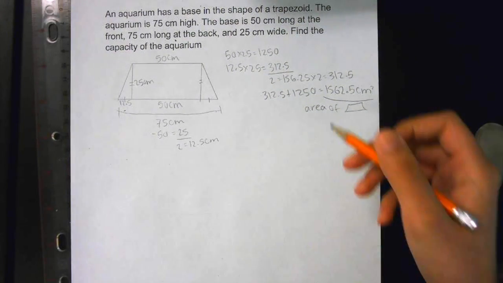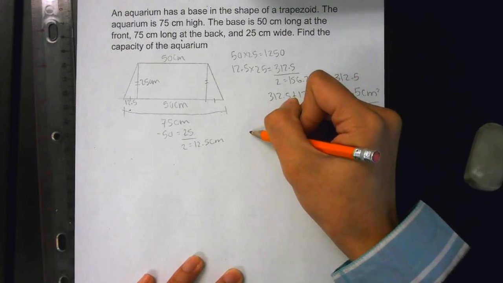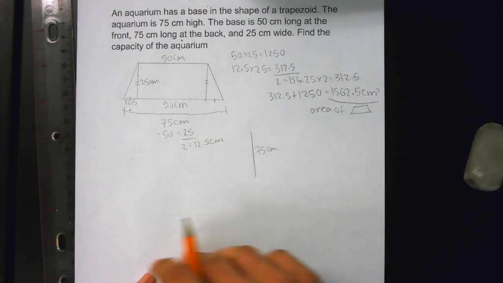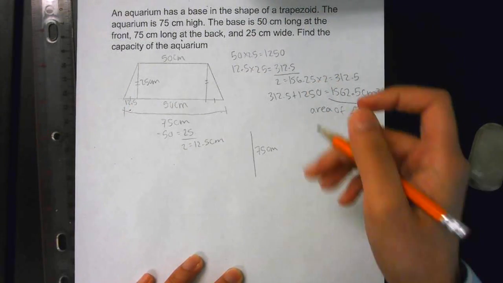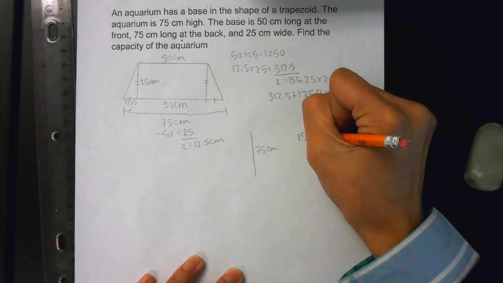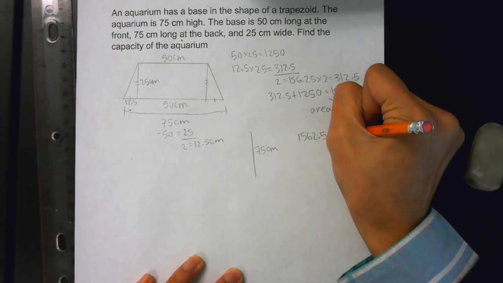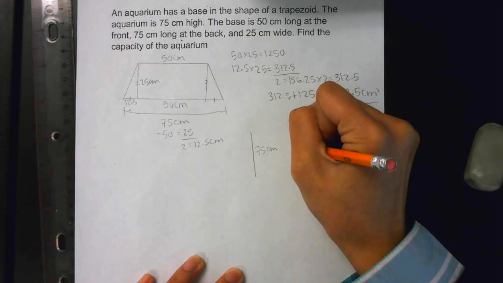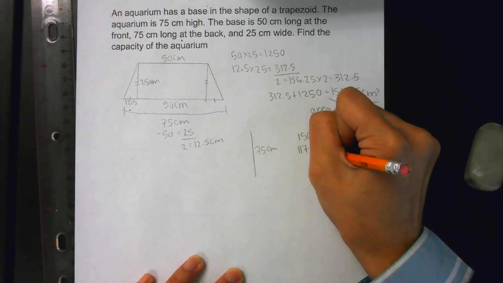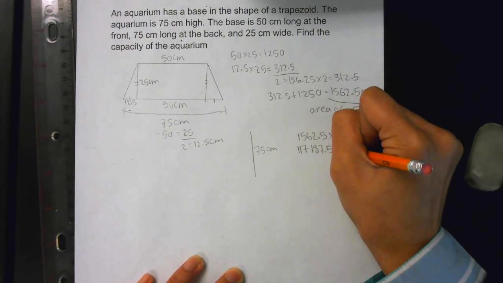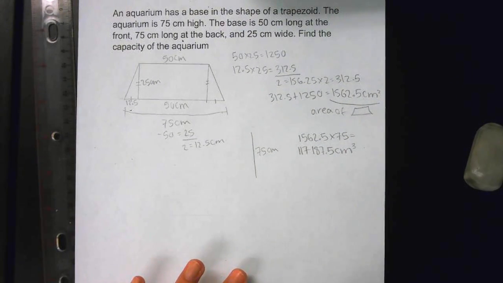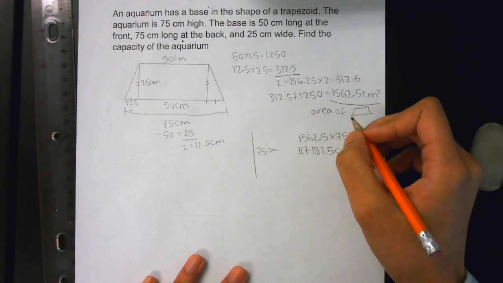And then the height is 75 centimeters of the whole prism. So we multiply the base of the prism by 75, which is the height. 1,562.5 times 75 equals 117,187.5 centimeters cubed, because that's the volume of the whole prism.